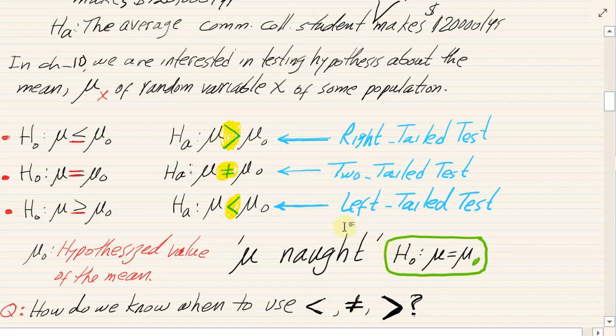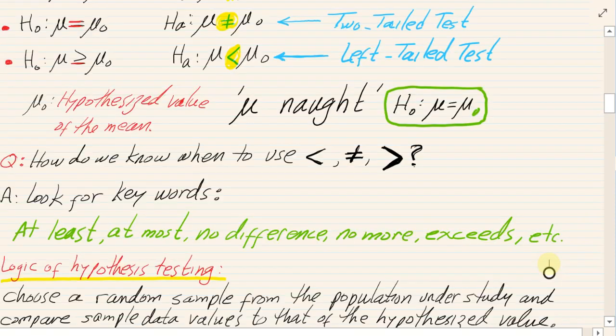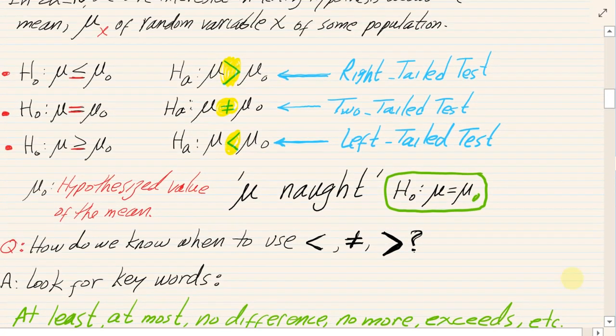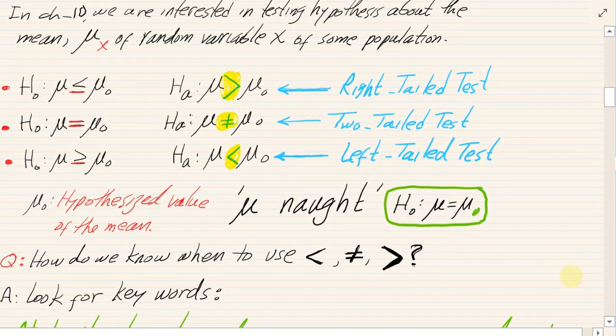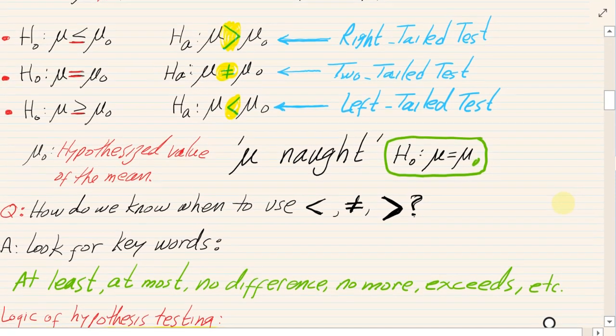Now, how do we know when to use any one of these symbols? Of course, you look for the keywords. How do I know the alternative is greater than, not equal, or less than? Remember, we look for the keywords in the statement of the exercises.